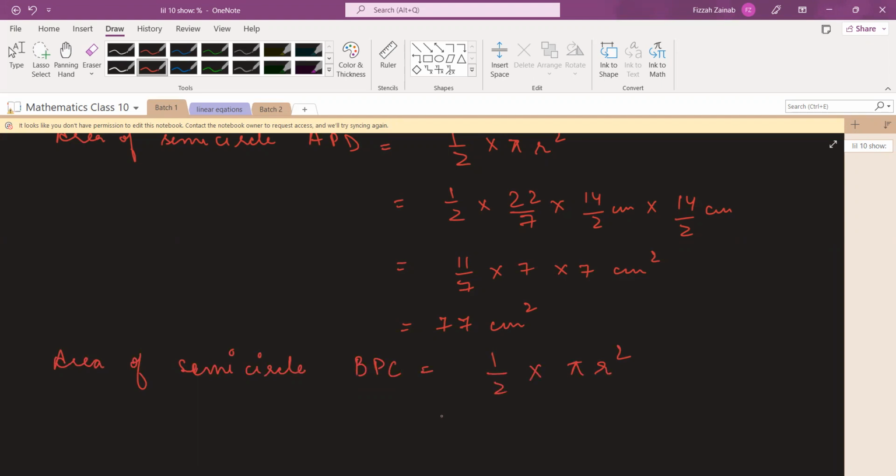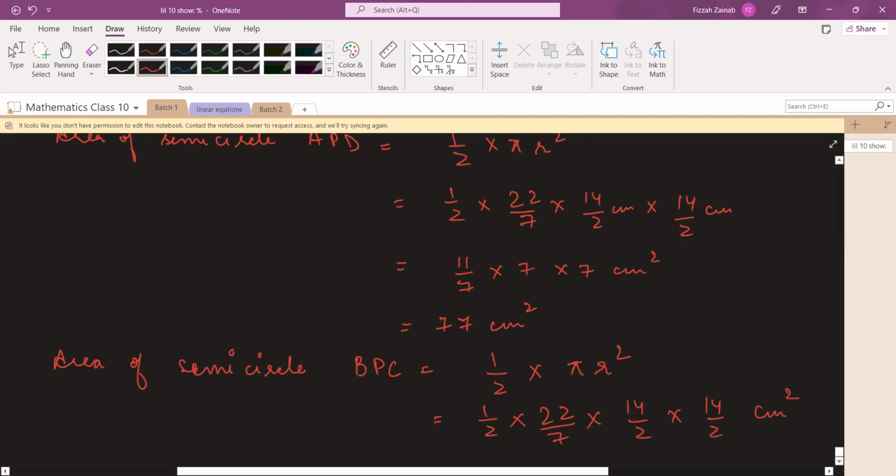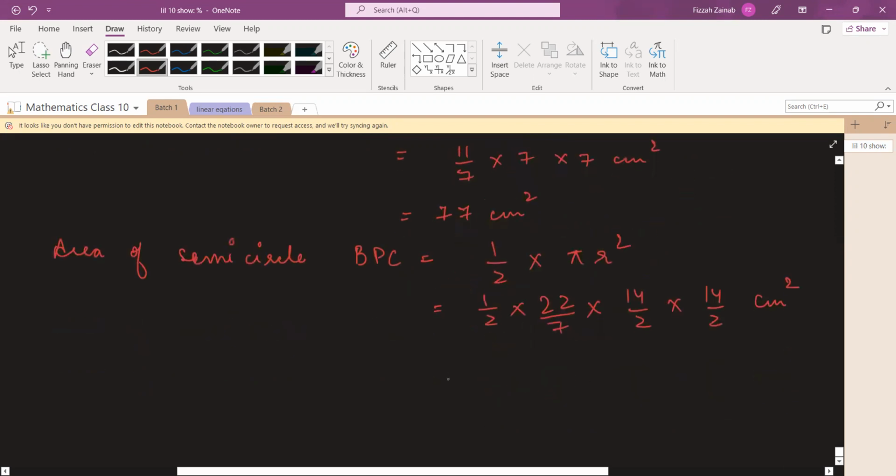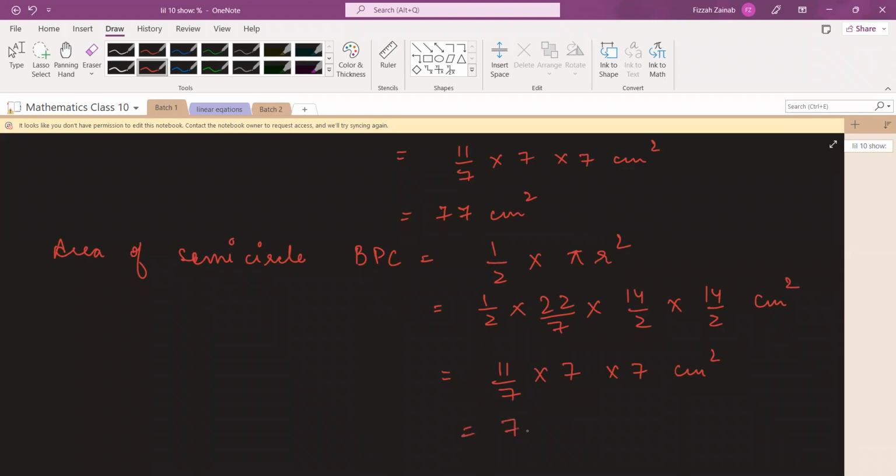Okay, then half into 22 by 7 into radius will be again 14 by 2 into 14 by 2 and then centimeter square, which you can again simplify. So this will become 11 by 7, and then here it will be 7 into 7 centimeter square, and it will be 77 centimeter square, right?